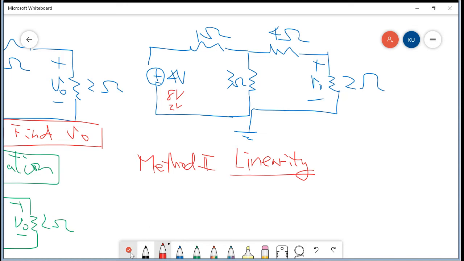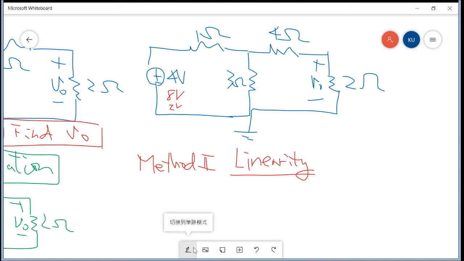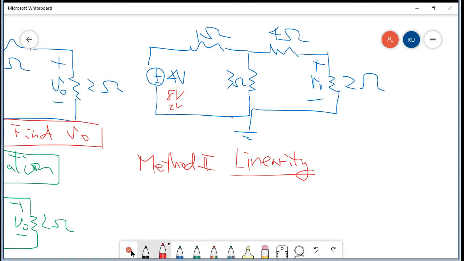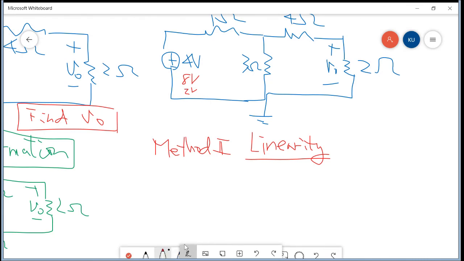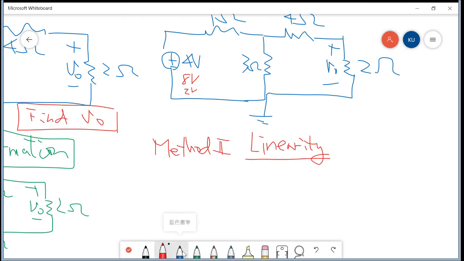So now what we want is, we keep the rest part of the circuit to be the same.